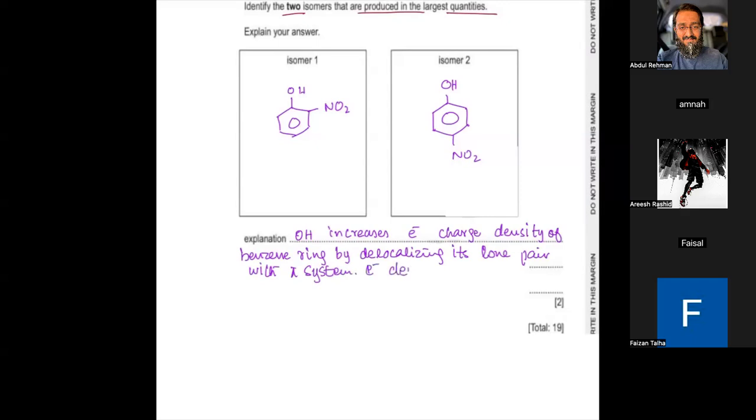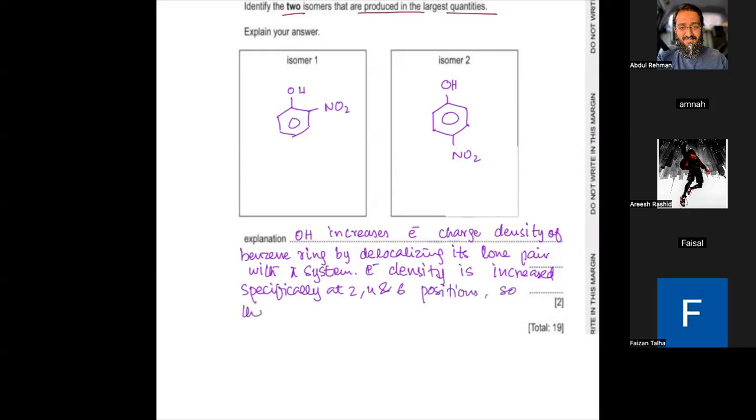Electron density is increased specifically at 2, 4, and 6 positions.